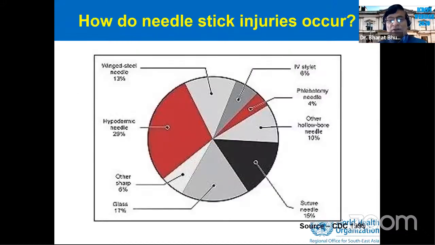The most common cause of needle stick injury is a hypodermic needle, accounting for 28% of the total injuries, followed by suture needles, followed by winged steel needles, glass, and other hollow bore needles, phlebotomy needles, and other types of injuries. All these are clubbed, even when it happens from a glass vial or broken glass syringe, they all constitute needle stick injury. Does not mean only from a needle.